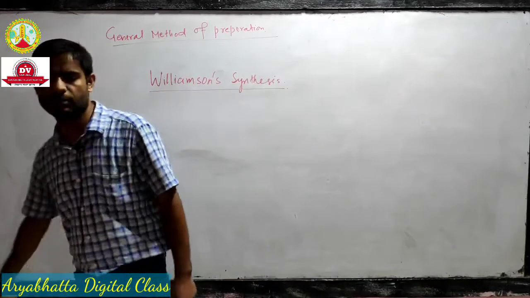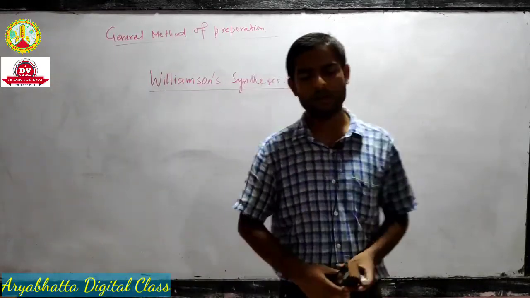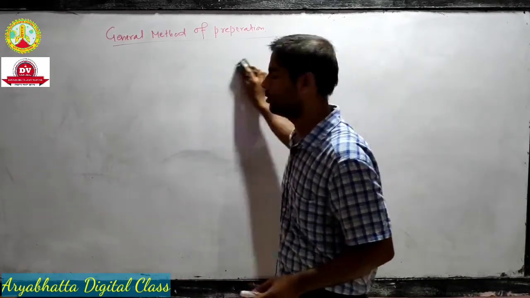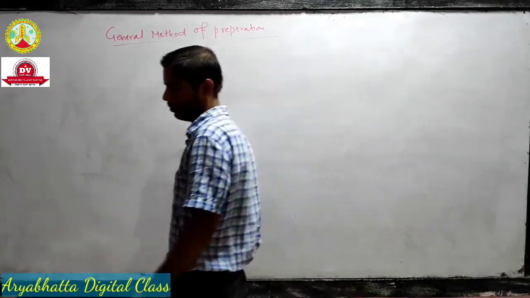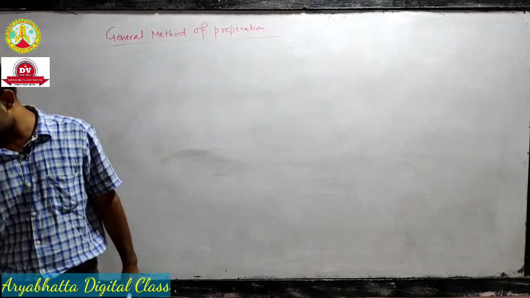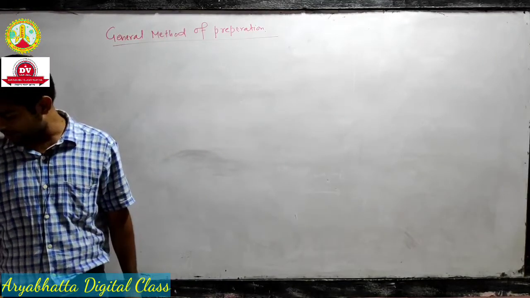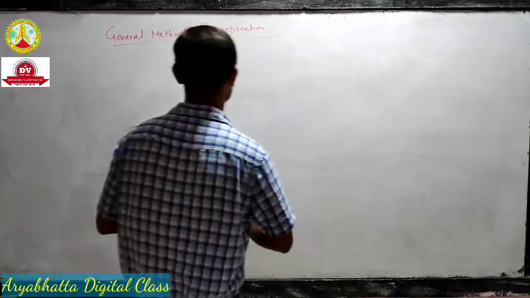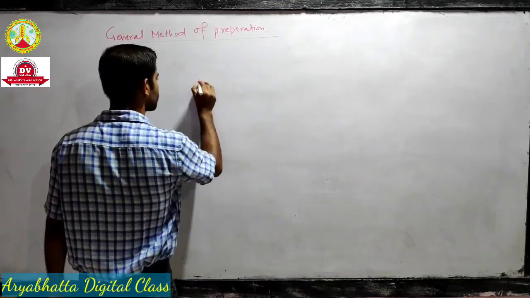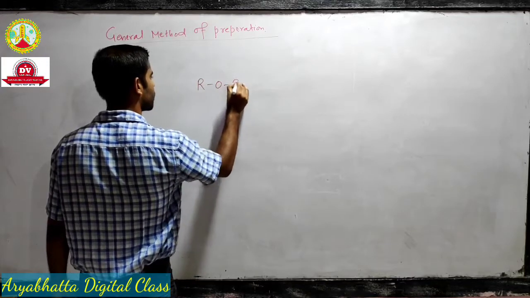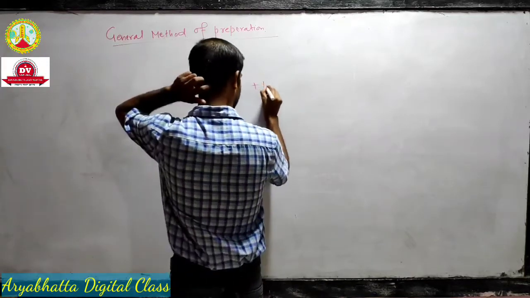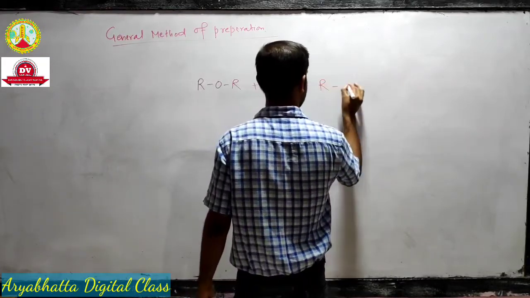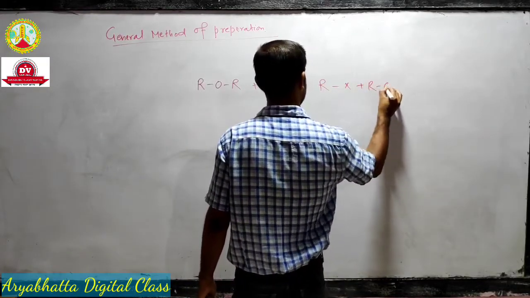We had two reactions, one from alcohols and then from the alkoxide ion by using Williamson synthesis. Now we will discuss chemical behavior. When an ether reacts with HX, it will give RX plus ROH.